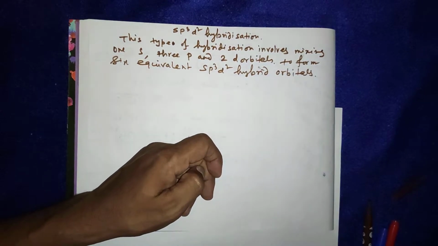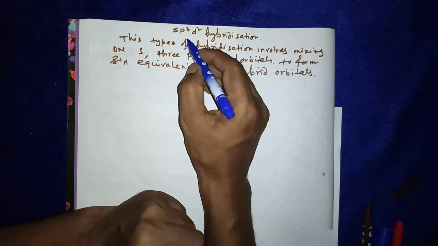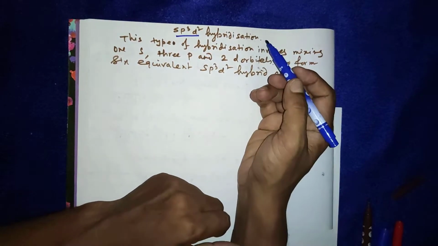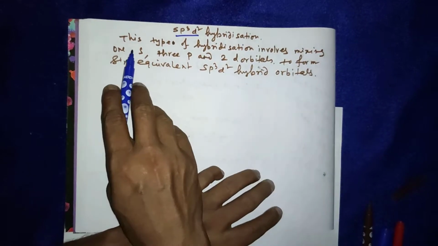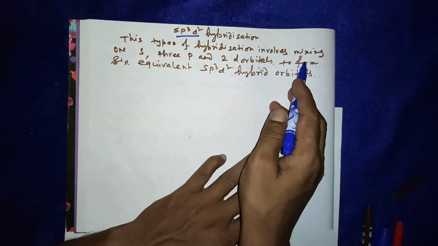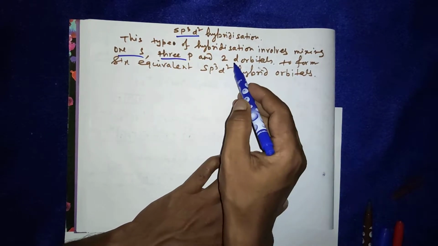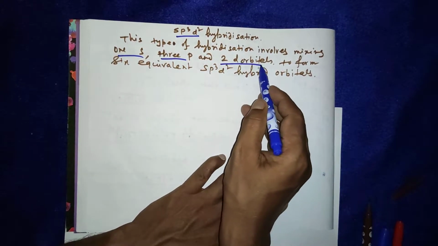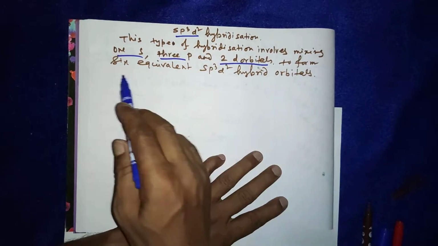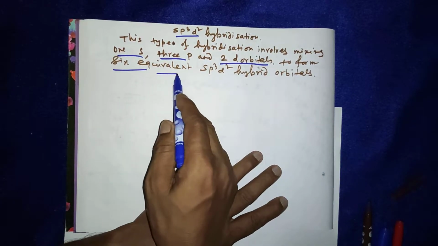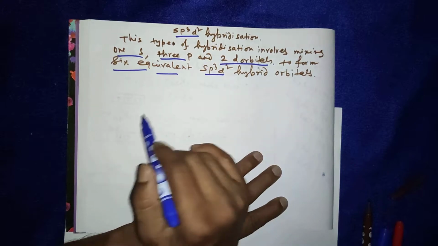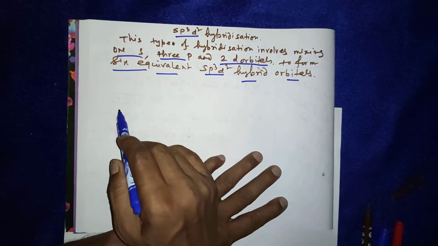And today I am going to discuss sp3d2 hybridization. This type of hybridization involves mixing of 1 s, 3 p and 2 d orbitals to form 6 equivalent sp3d2 hybrid orbitals. Okay.